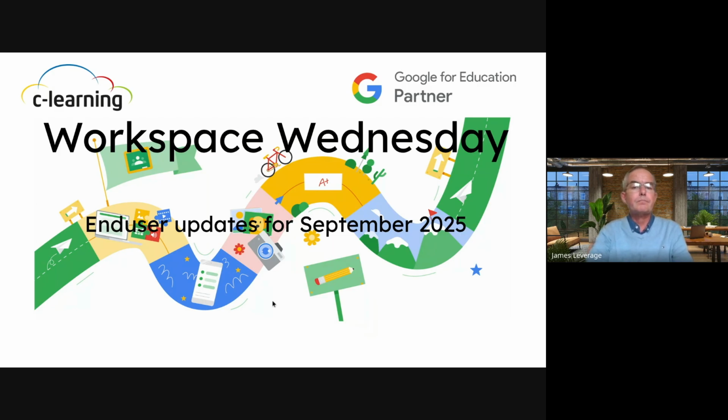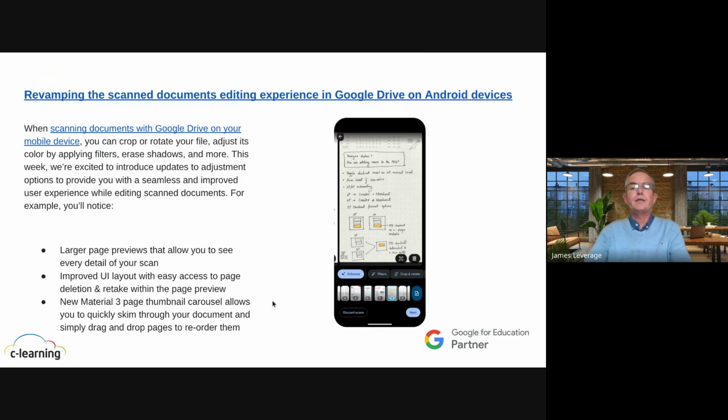So the first update is if you use your Android device, it won't work on iOS, but if you're scanning a document into Google Drive on your mobile device, it now gives you more control, a bit like it does on an Android phone. If you've got a photograph, for example, it'll give you all kinds of things you can do.